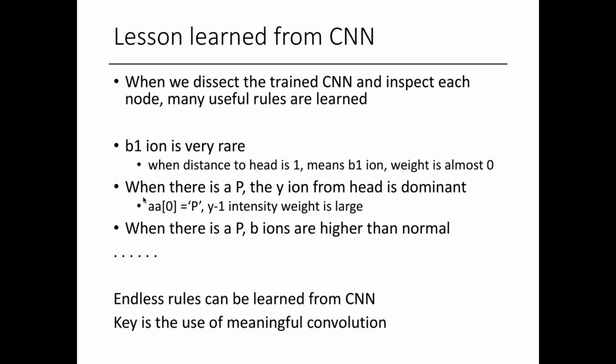I think the key is to use a meaningful convolution, not just contrasts, mirroring or simple averaging, but some physical property calculation which has a physical meaning. So with this trained neural network in hand, we can now predict the intensity from sequence.